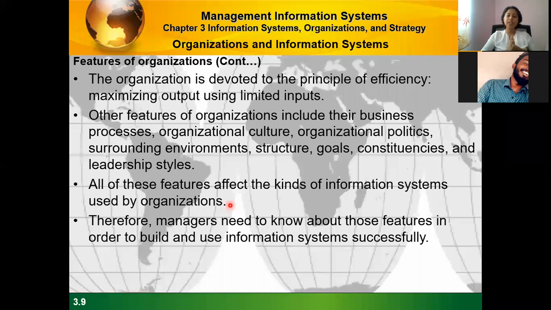So the kinds of information systems that are used by organizations heavily depend on all these features which we talked about, right? Okay. So therefore, managers need to know about those features in order to build and use information systems successfully.